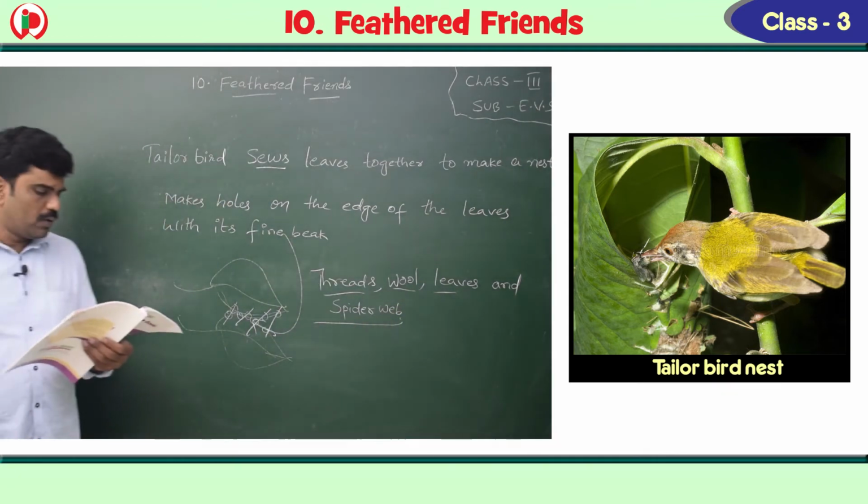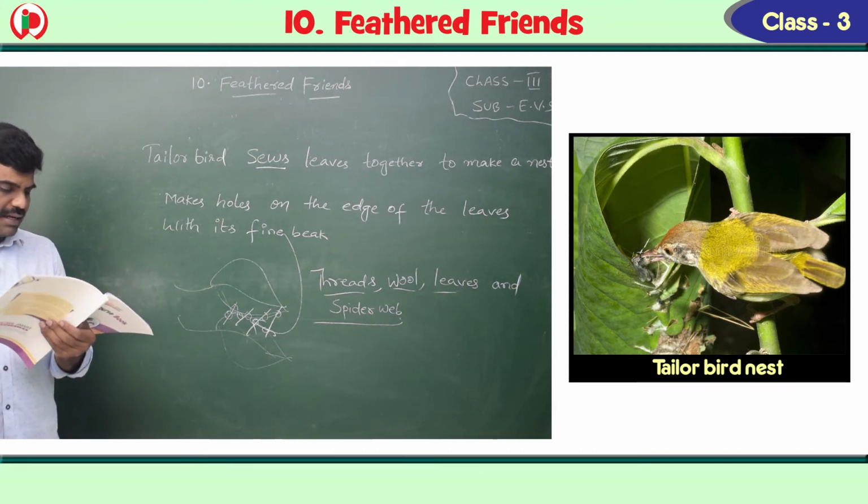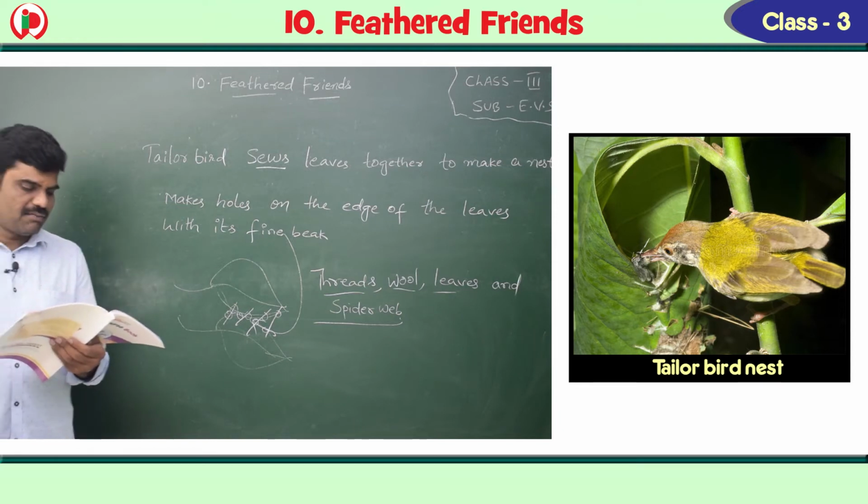This is how it makes its nest. They keep bunches of hair, wool, and grass in the nest to make it warm and comfortable.